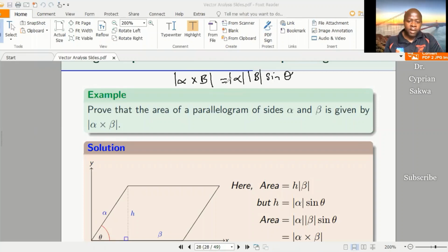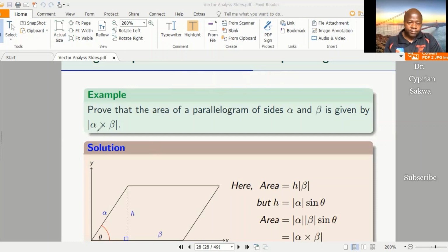So this is the magnitude of alpha cross beta, and we want to show that this is the area of a parallelogram. That is what we want to show in today's video, and then we will proceed and find the area of a parallelogram.